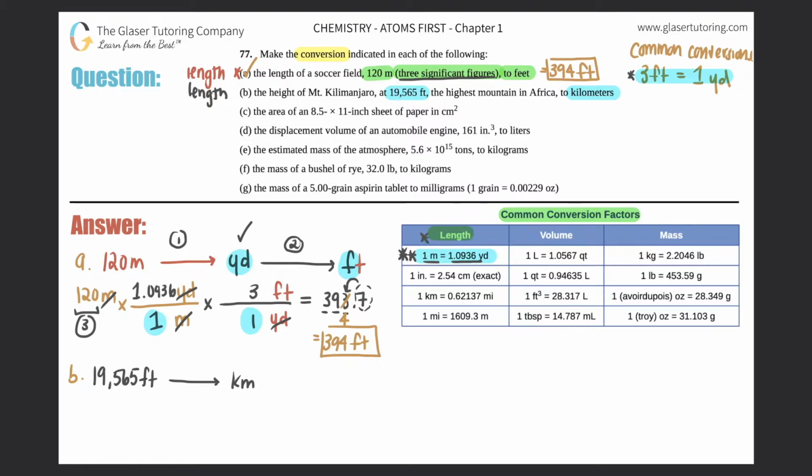Let's see. I got kilometers to miles, miles to meters, but nothing that starts with a foot. So I'm probably going to have to use my common conversion again. So this one's going to be multiple steps. If I have to go from feet to yard, again, because that's the conversion that I know, I can now use this first conversion because I have yards to meters.